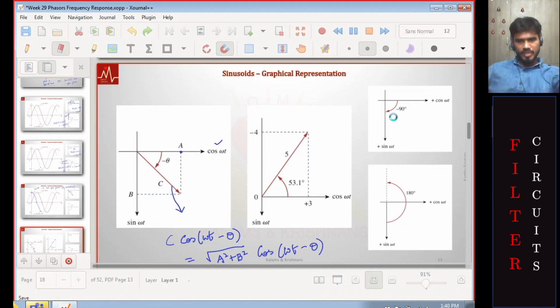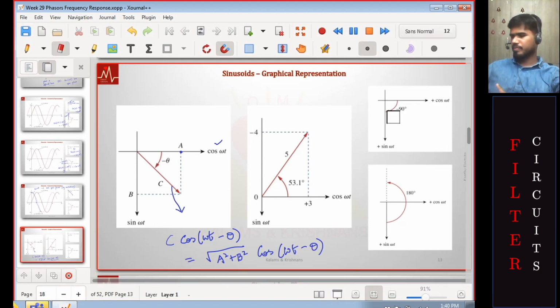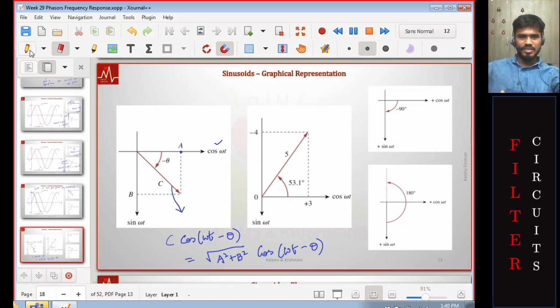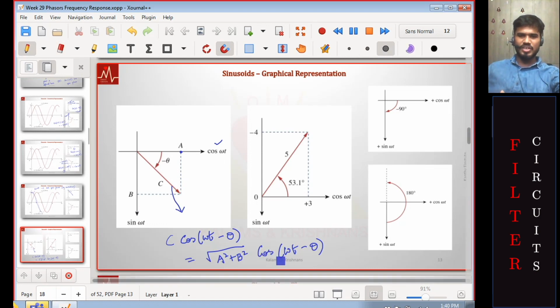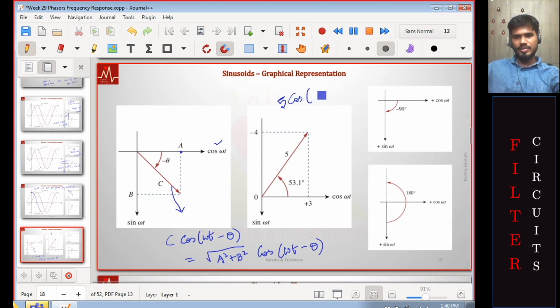Fine. So for now, the mnemonic is the most important, and let's take that. And similarly, if any vector is given here, we can easily write that as a function, as a sinusoid. This vector, particularly notice, has a magnitude of 5. Okay, take cos omega t.